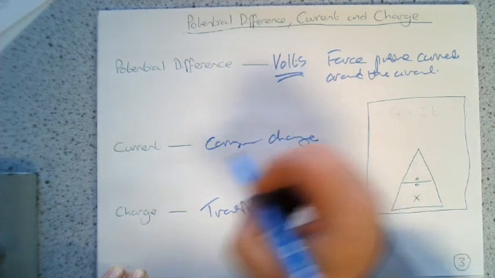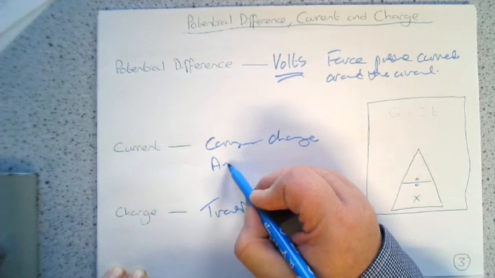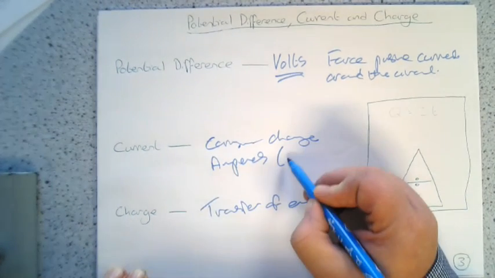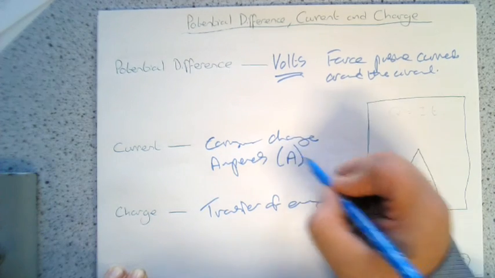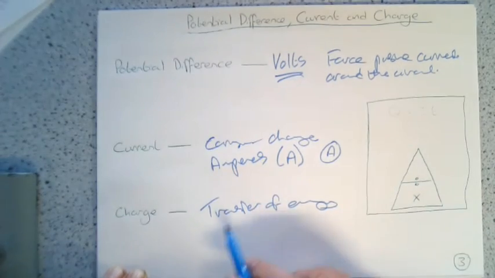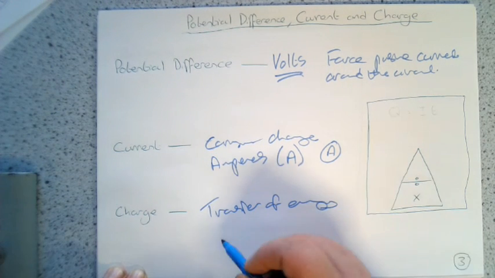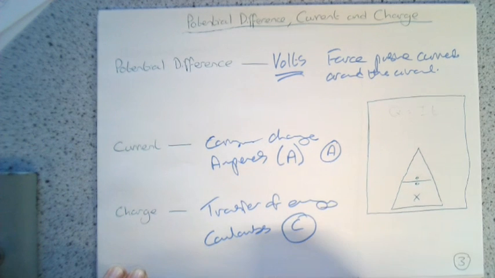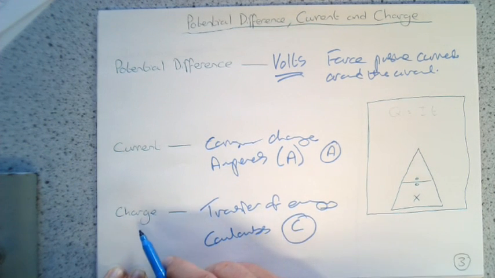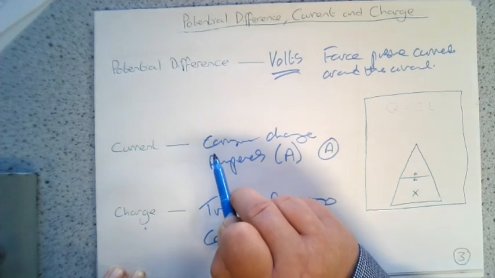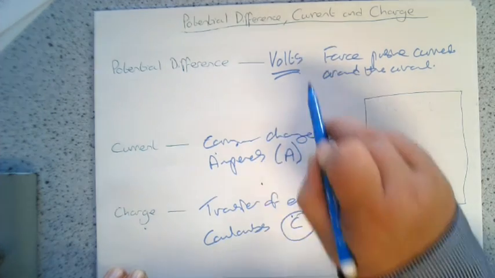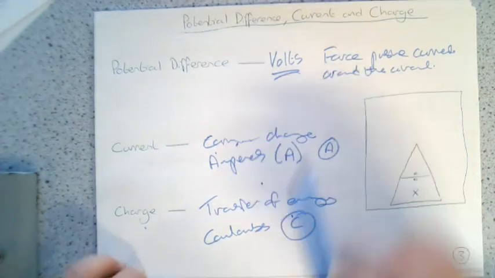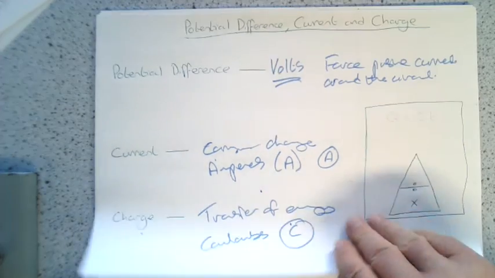So current, we talk about it being in amperes, or amps, symbol A, and we use really handily an ammeter to measure it. Charge, that is coulombs, capital C. Now that's the thing that we forget about. Now the charge transfers the energy, the current carries the charge, and the potential difference is the force that sends it around the circuit. So let's just think about these things, okay?